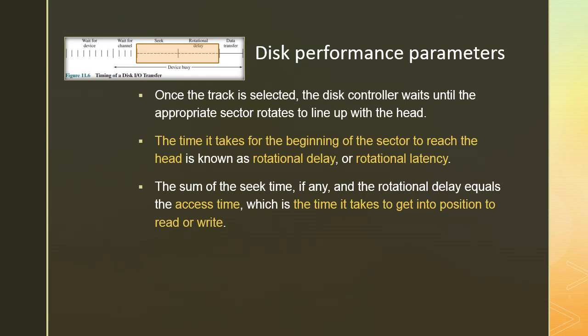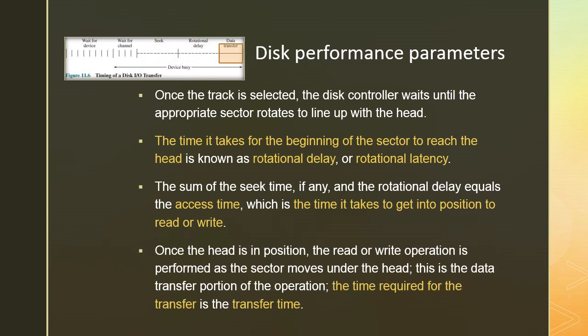The sum of the seek time, if any, and the rotational delay equals the access time, which is the time it takes to get into position to read or write. Once the head is in position, the read or write operation is performed as the sector moves under the head. This is the data transfer portion of the operation. The time required for the transfer is the transfer time.